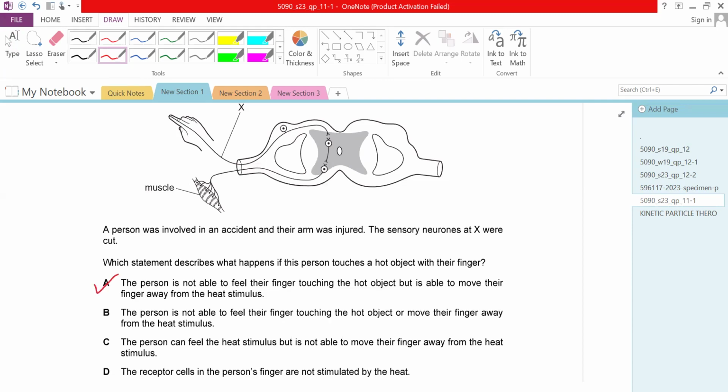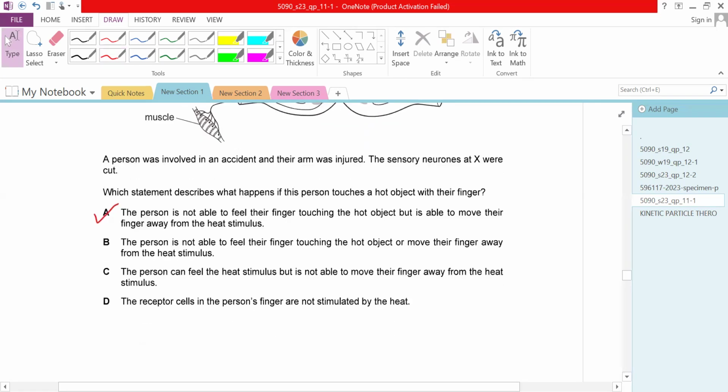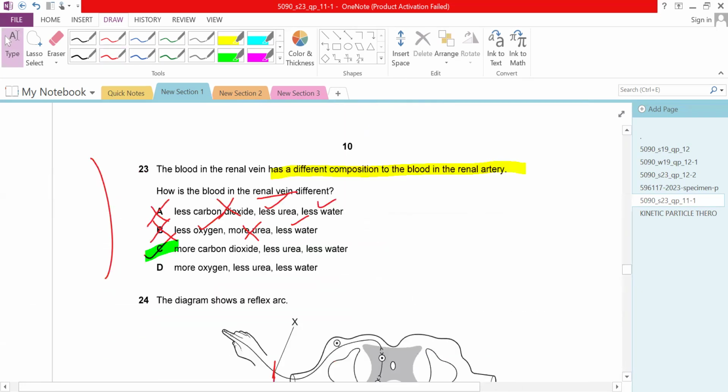So this option seems correct because at X there are sensory neurons and they were cut, so the person cannot feel that he is touching the hot object, but he can easily move his finger away from the heat stimulus. So I don't think you need to read the other statements, but you should read them.